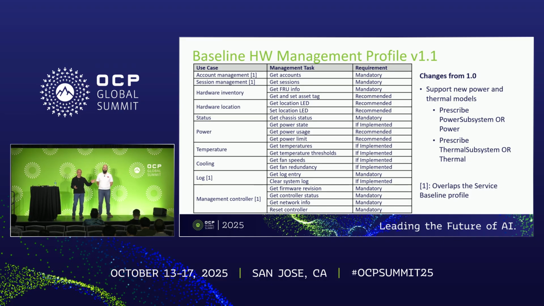We don't want the rest of this stuff because we have different types of power and thermal models that we need to implement. And so we extract some of that, put that in a service profile, and then we will have the baseline just reference the service profile as opposed to carrying all that stuff forward. Okay? With that, I'll let Mike go dig into the service profile.